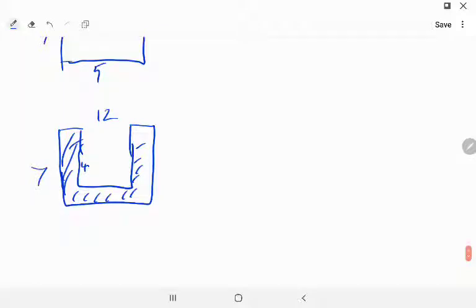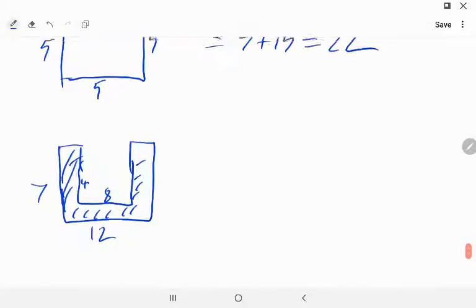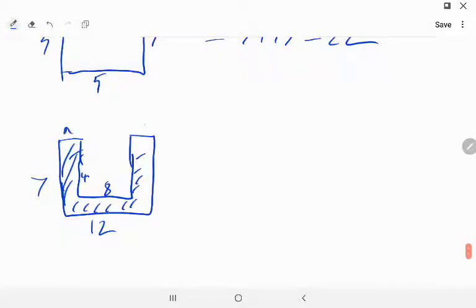We know that the outside width is 12, the inside width is 8. And so we have to think quite a bit about what the dimensions of this are going to be. We notice that we're missing the widths of those arms up at the top.